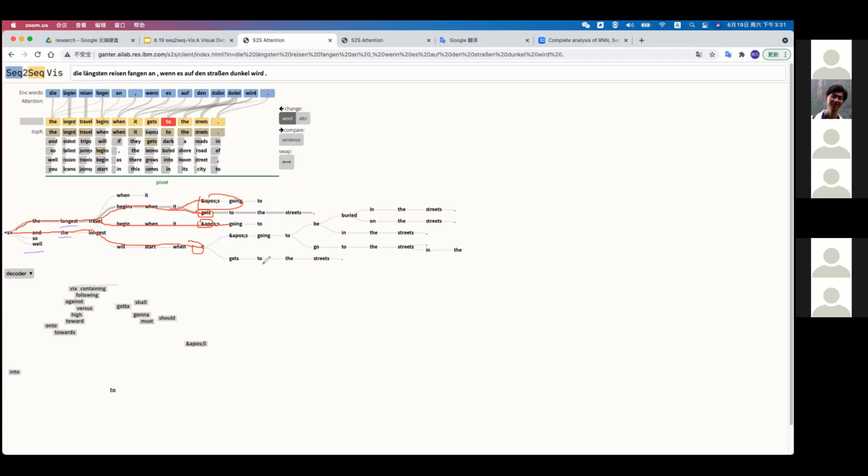And then for each candidate, it will derive 4 offsprings. 4 offsprings means that we attach the 4 most promising tokens to it and derive new subsequences. And each sequence will give you a score.